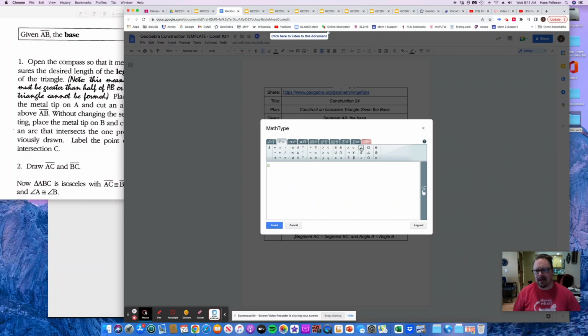Okay, so there's the angle thing, and then I also have congruent. This one is congruent.